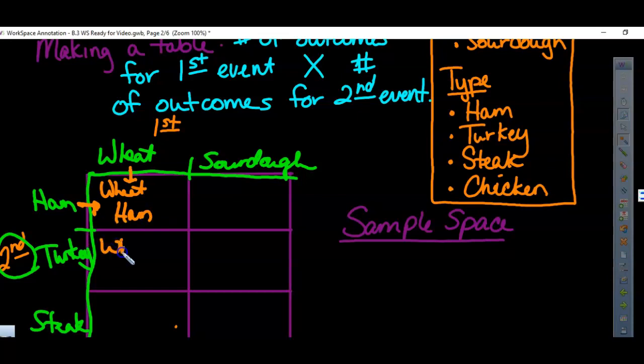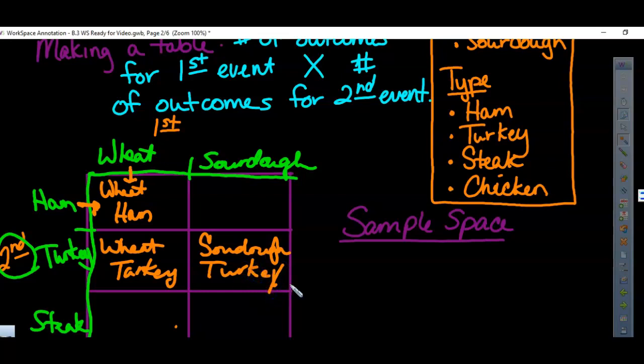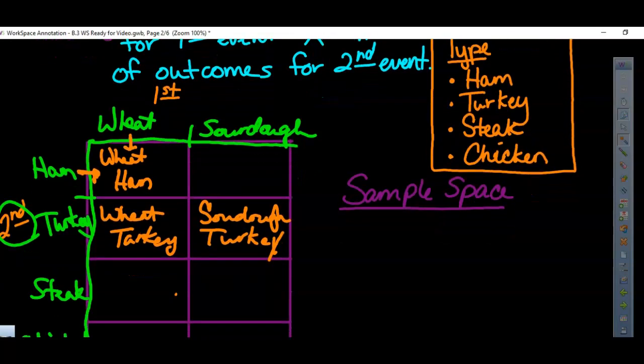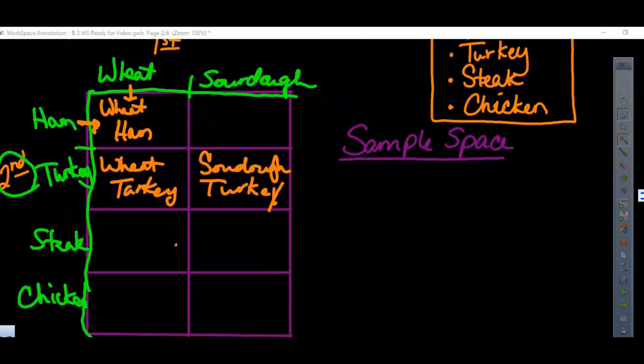Another type would be a wheat bread turkey sandwich, and we would just continue filling this out. Okay, so this box right here would represent our sourdough turkey. Okay, and we just keep going. So I'm going to keep filling this out.